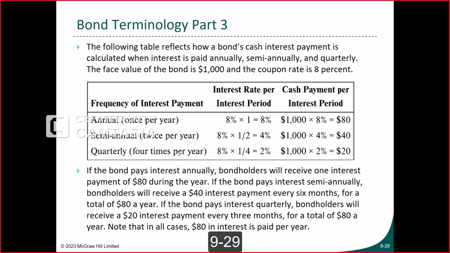So in all three cases, you end up with $80 per year of interest until maturity, where the company will have to pay the full amount of $1,000 per bond at the maturity date, after 20 years or 10 years, depending on the maturity of the bond.